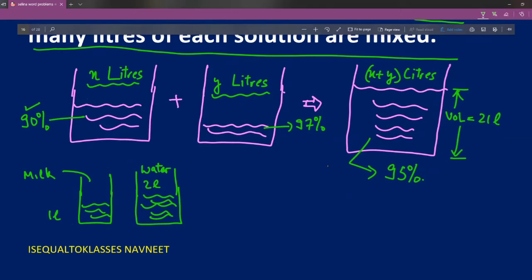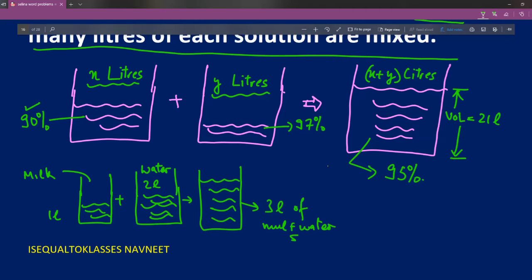Let us assume this is 2 liters. Now when I mix these, of course I'll get 3 liters of milk plus water solution. Basic common sense. The volume should be equal. This will be 3 liters.